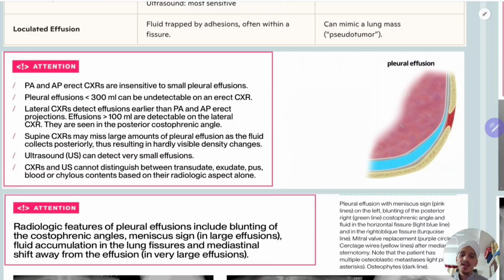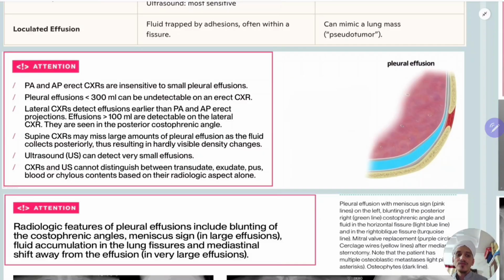That is very helpful. When you find an effusion in chest X-ray, you should send the patient for transthoracic sonography to look for any loculations or any signs giving a clue towards exudate.